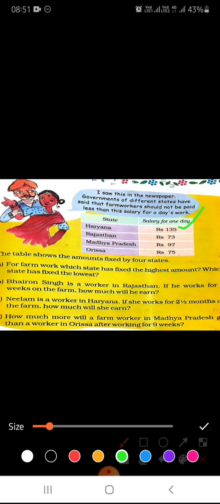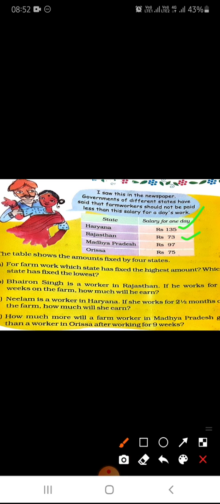And which has fixed the lowest amount? From here you can see Rajasthan, that is only giving 73 rupees per day, has fixed the lowest amount. So for this question the answer will be Haryana and Rajasthan.